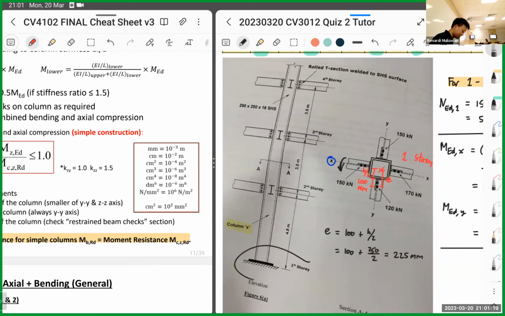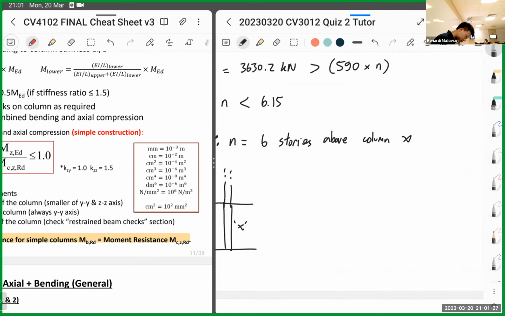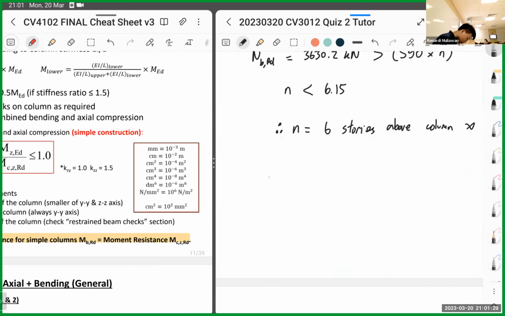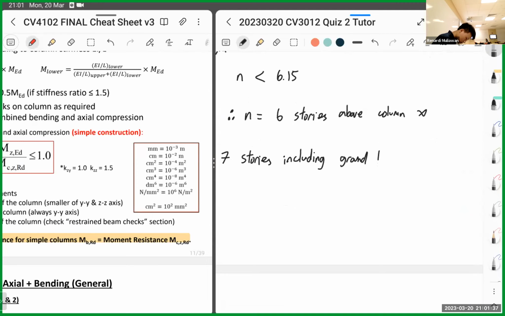But remember, they say the first story counts from the one below, so including the ground level. So it's 7 stories, including ground level. Yeah, so we're done.